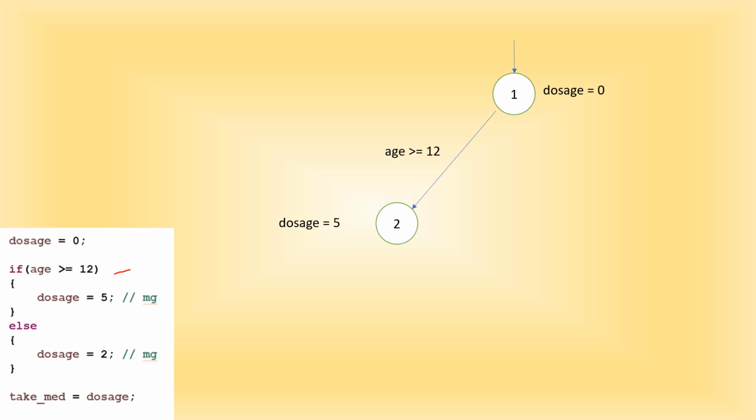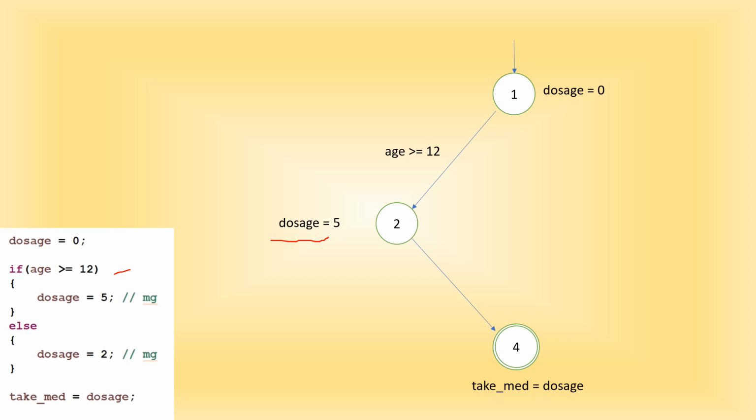Once we made that determination, if we are indeed older than or equal to 12 years of age, we set dosage equal to 5 milligrams, and after setting that dosage to the correct amount, we take that medicine.